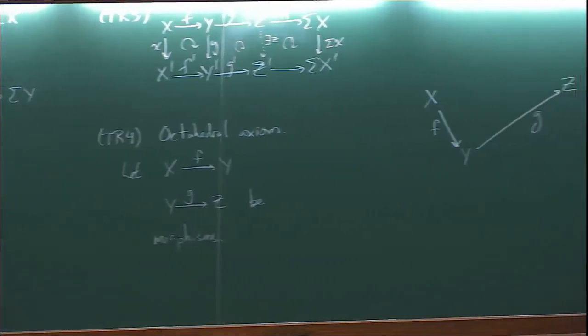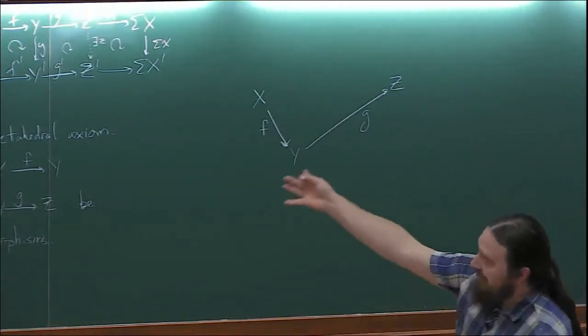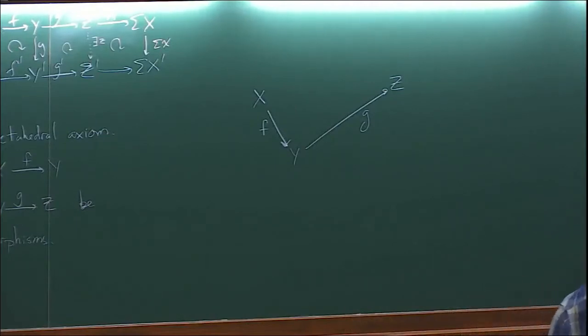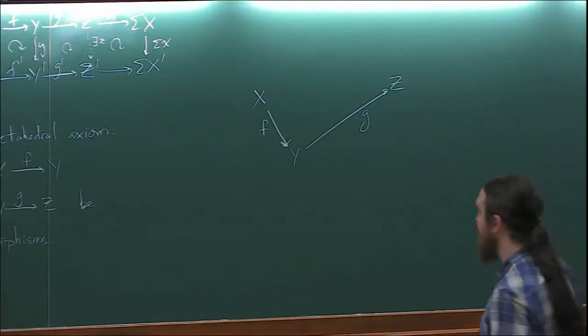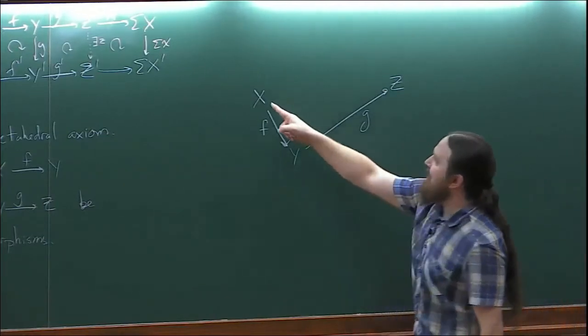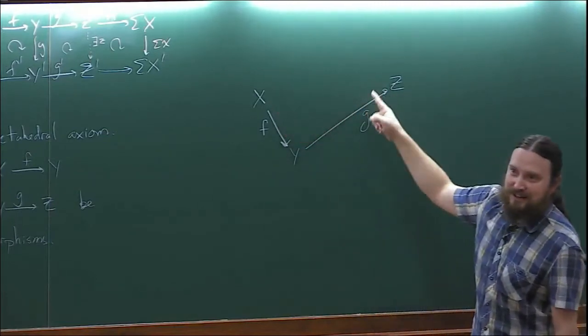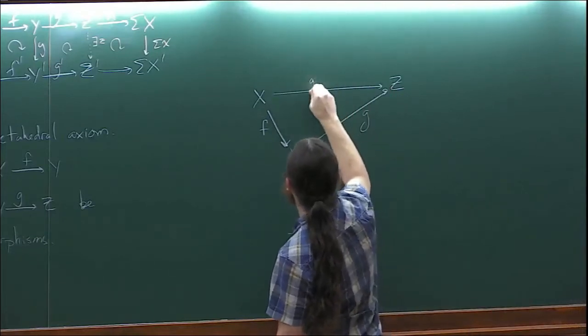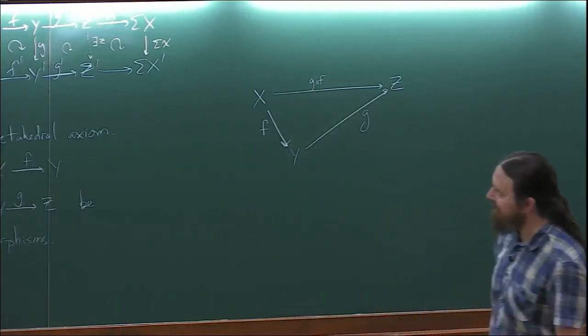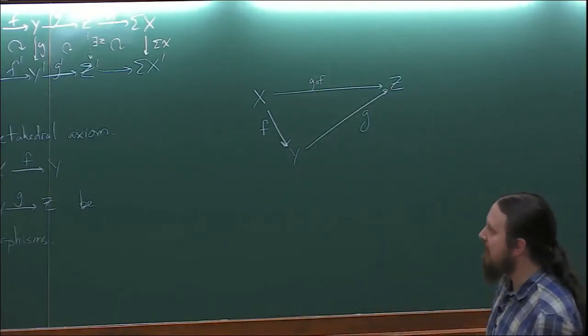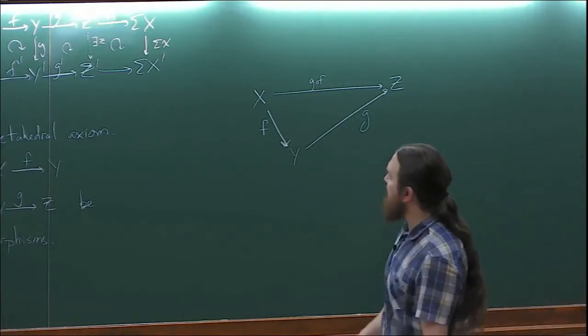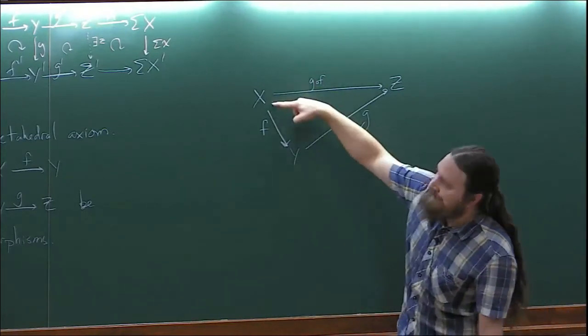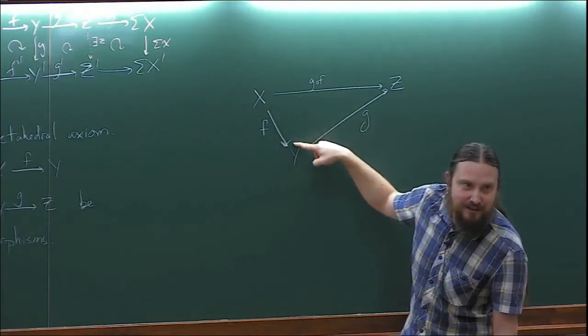And I will complete this picture using the axioms that I already have as much as I can. And what do I mean by this? First thing, I have a natural arrow from x to z. I just compose f and g, yes. Okay, good. Now using TR1, I know that this morphism f can be completed into a triangle.